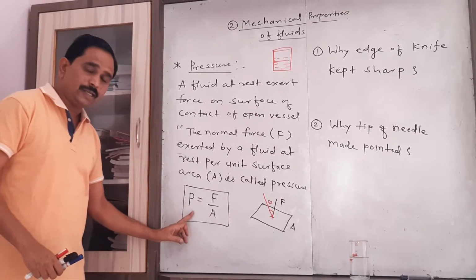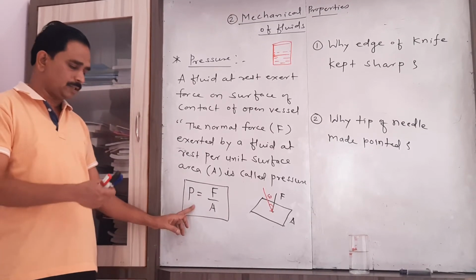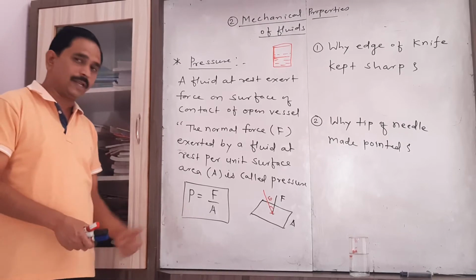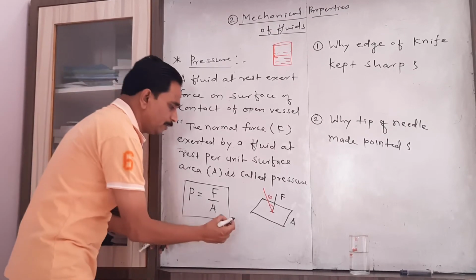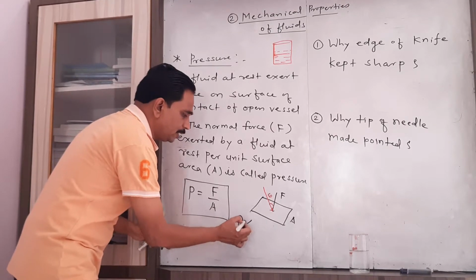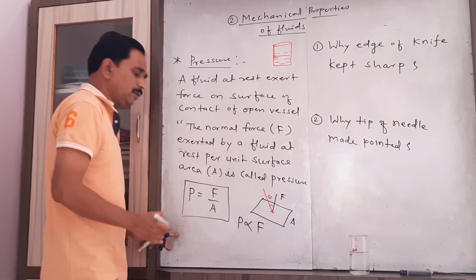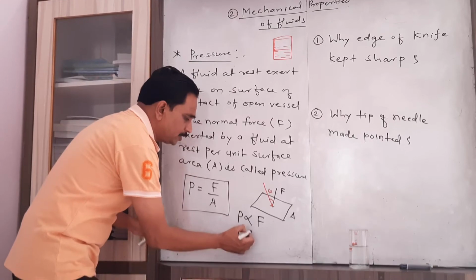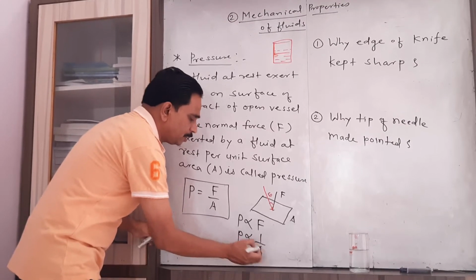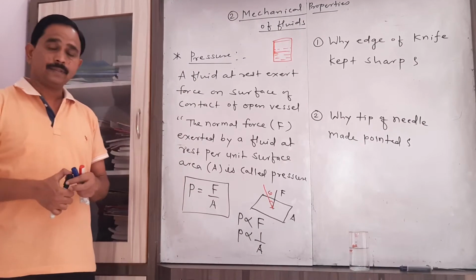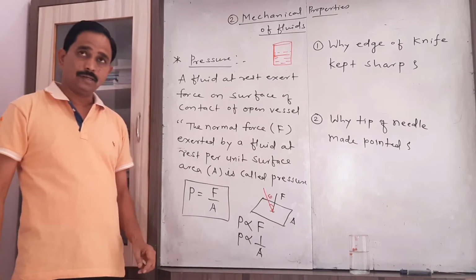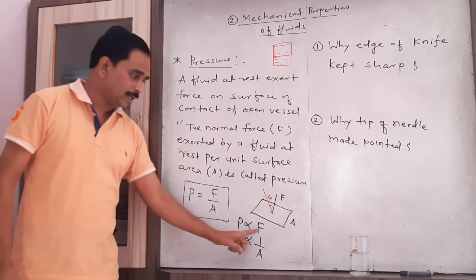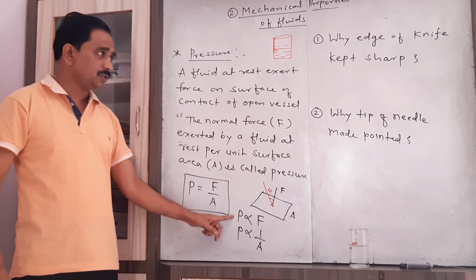Now it is very clear that this pressure depends upon two factors. The first one is force. Pressure is directly proportional to force and inversely proportional to area. From the first relation we can say that the greater the force, the greater the pressure.